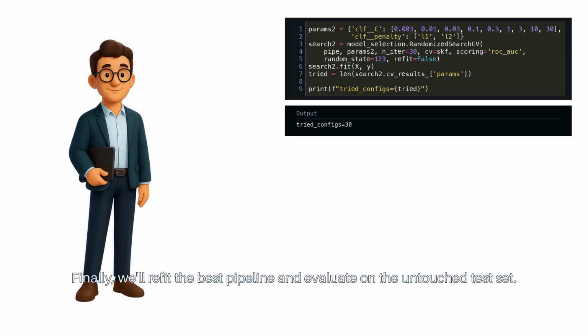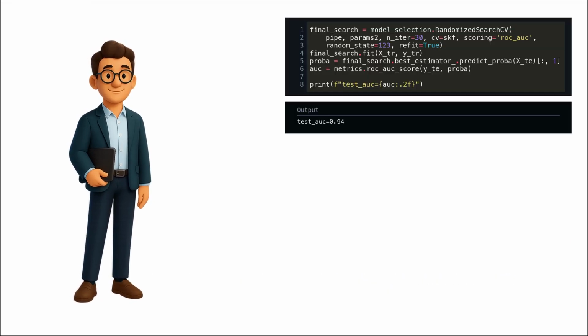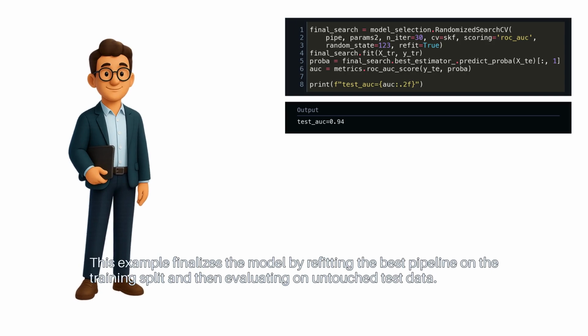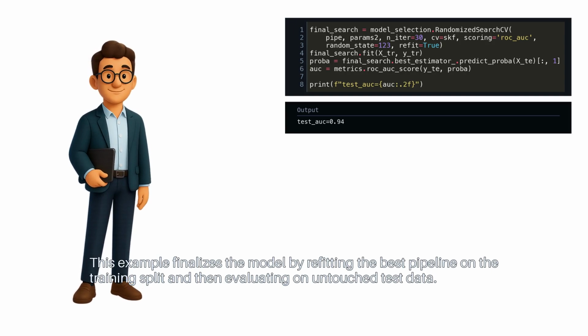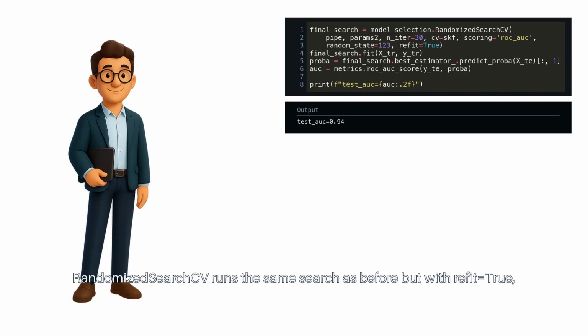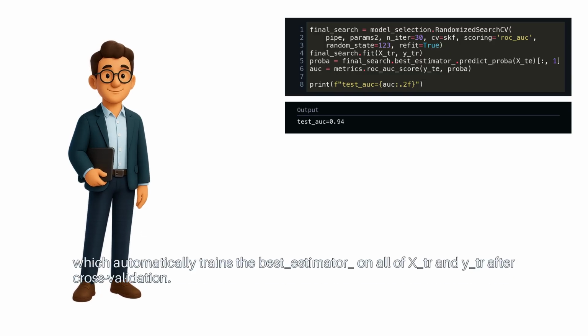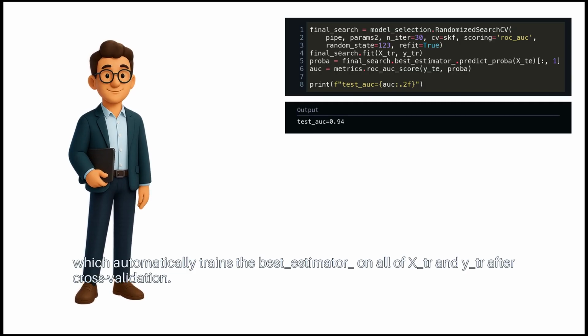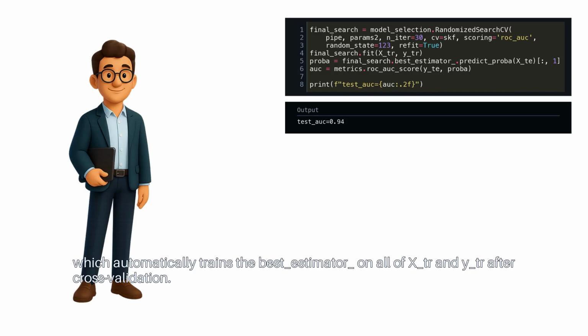Finally, we'll refit the best pipeline and evaluate on the untouched test set. This example finalizes the model by refitting the best pipeline on the training split and then evaluating on untouched test data. RandomizedSearchCV runs the same search as before, but with refit=True, which automatically trains the best estimator on all of X_tr and y_tr after cross-validation.